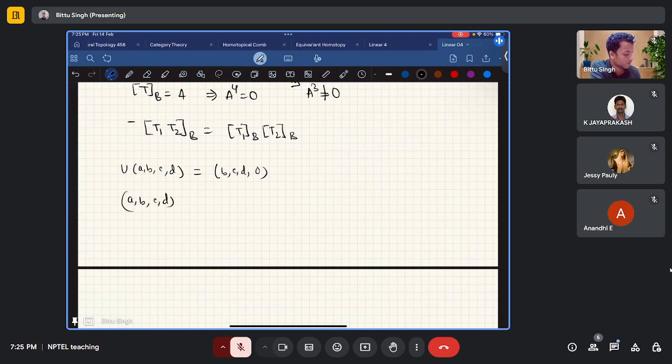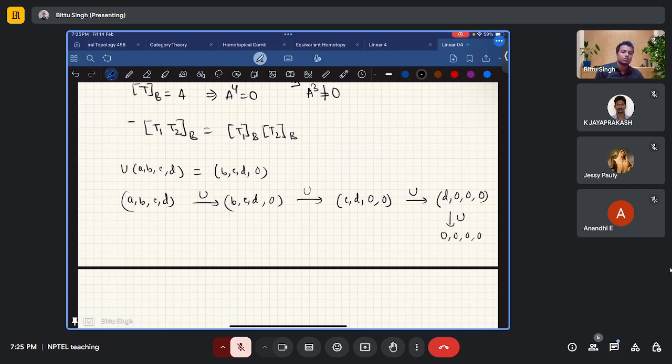If we apply U, we are getting (B, C, D, 0). Applying U again, another left shift, gives (C, D, 0, 0), then (D, 0, 0, 0), then (0, 0, 0, 0).